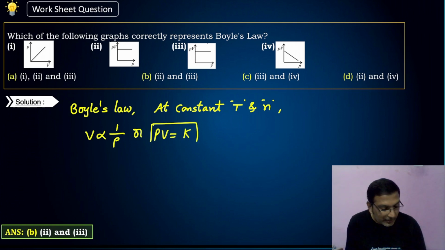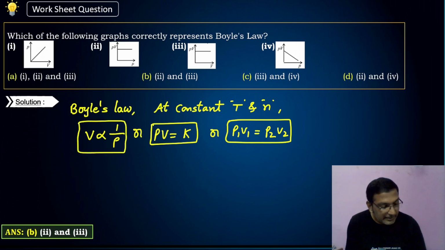This is very, very important. If pressure increases or volume increases, the product of P and V remains constant, or we can write P1V1 equals P2V2, initial and final conditions.